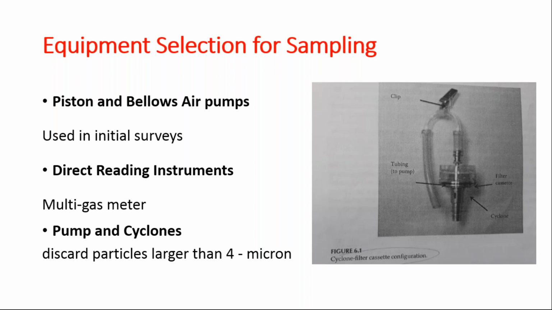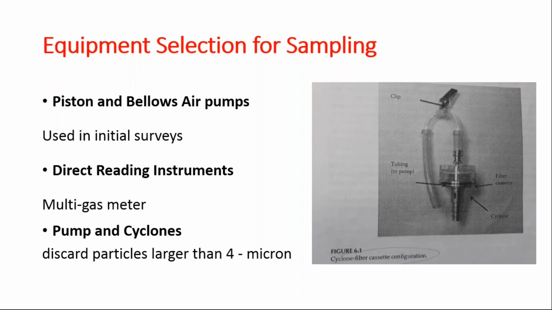When air is moved with high velocity in circular shape, then particles which are greater than a particular size are discarded. These particles are separated from the air, and then we may be able to select a particular size of dust particle.